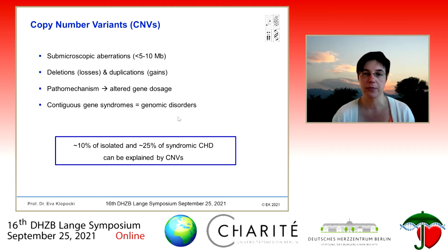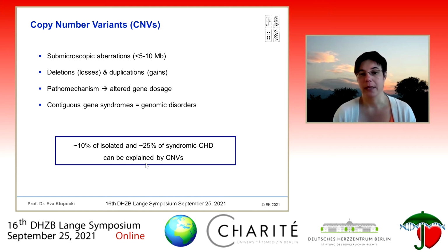Another term you will find frequently in the literature is genomic disorders, and this relates to a mechanism which I will explain on the next slide. I put some numbers down here. You find different percentages in the literature, so I just took these 2 percentages.